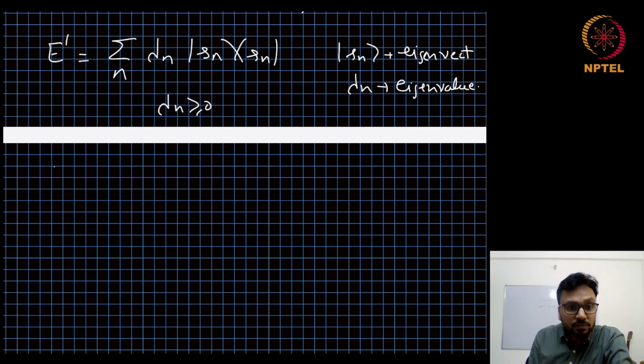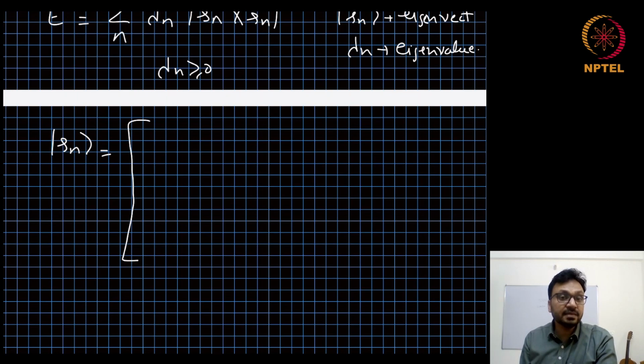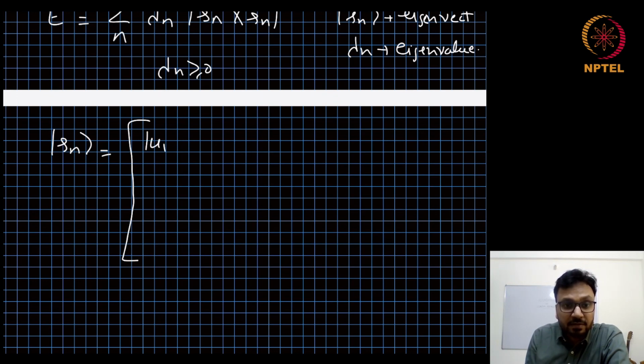Now let us take Sn. Since we know E prime is a D square dimensional matrix, because we have chosen each subsystem of D dimensions, then Sn is a D square dimensional vector. Let us say the first D elements we call vector un1, the next D elements we call vector un2, and so on.